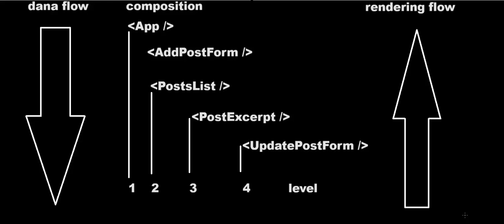Payload would be ID, title, content, and we isolate from payload only ID, and by that ID we remove the deleted post. How? We will see it later.